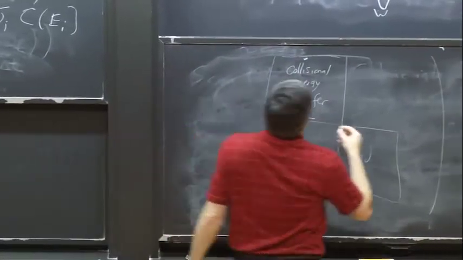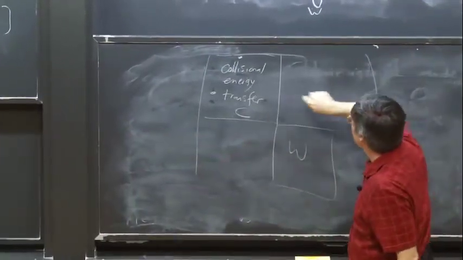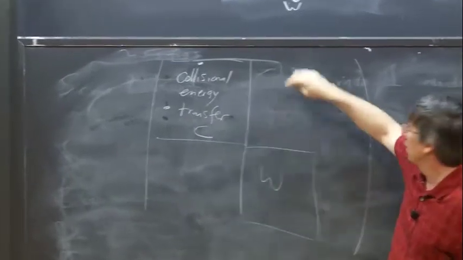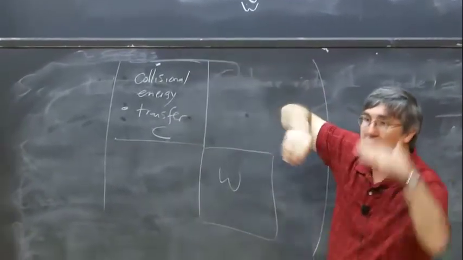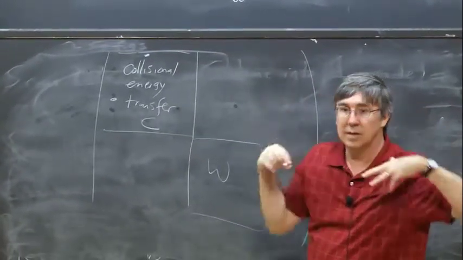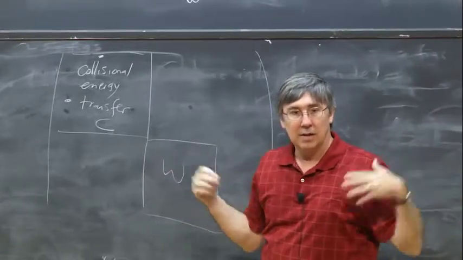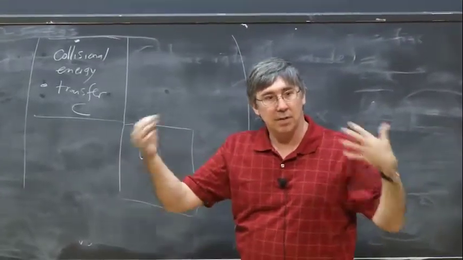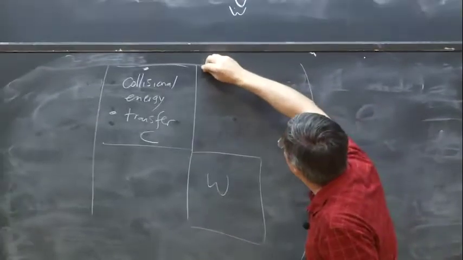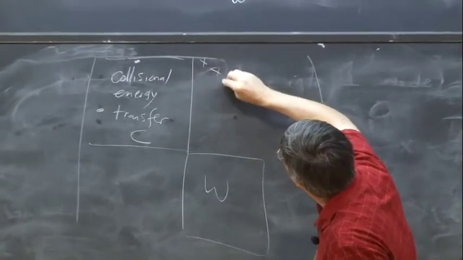Then for the reactions, C going to W, they conserve energy. So C has a certain amount of energy, and when it isomerizes, it makes W with the same amount of energy. So this block here is just diagonal.